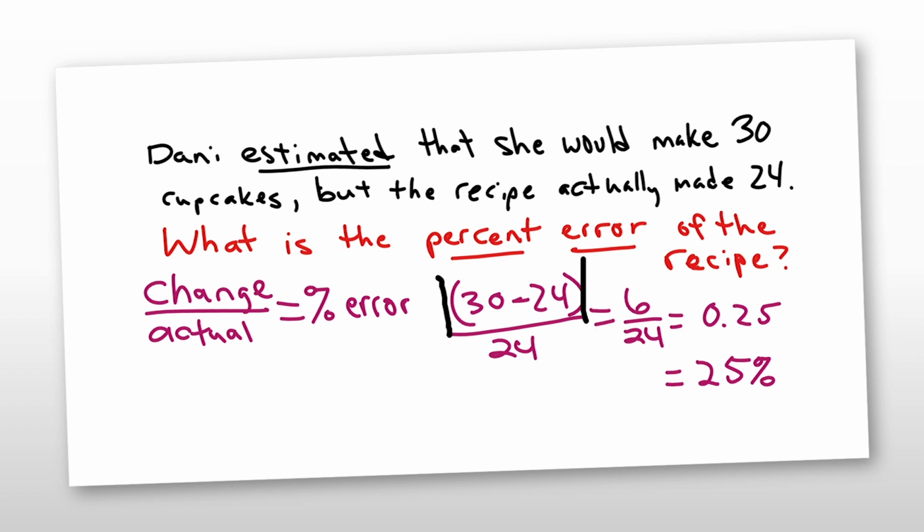So in order to do this, we need to remember that your percent error is the change or the difference between the estimated and actual amount divided by your actual amount.